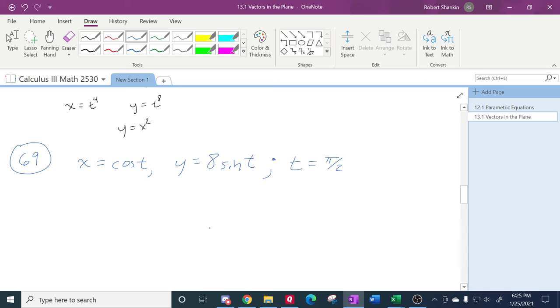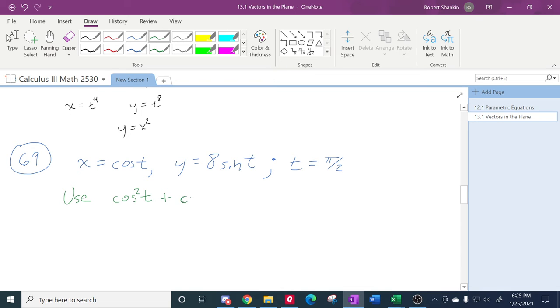Okay, let me address your first question, which is how to eliminate the t in something like this. And the answer to that, there's a trick involved. When there's sines and cosines, you're always going to use this.